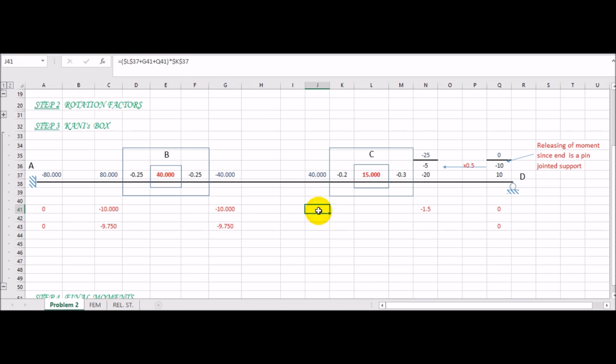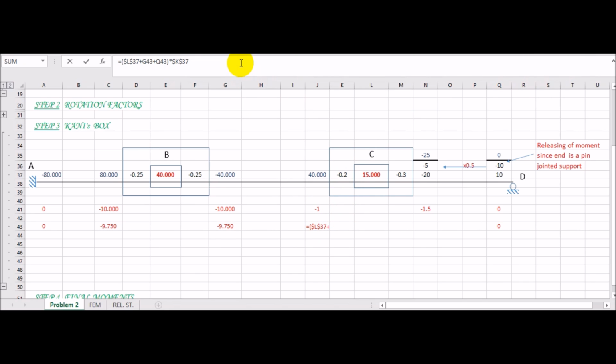Now I'll get the iteration value of CB, which is equal to summation moment 15 plus latest iteration value of left support, that is minus 9.75, plus latest iteration value of right support, that is 0, into rotation factor.